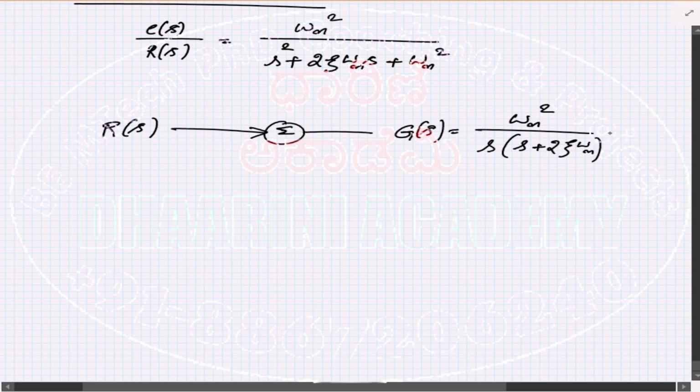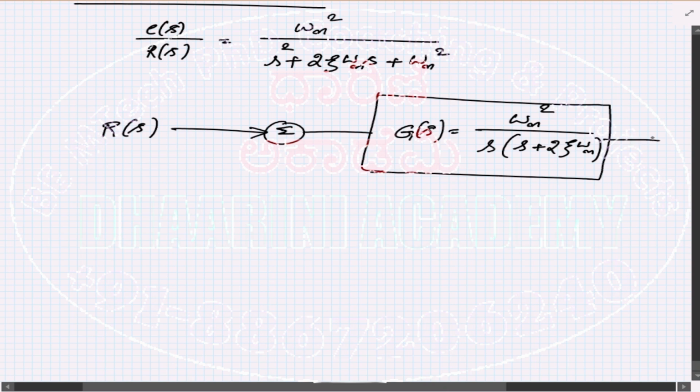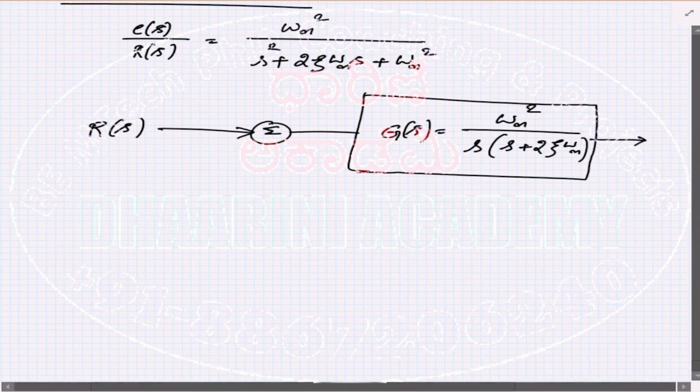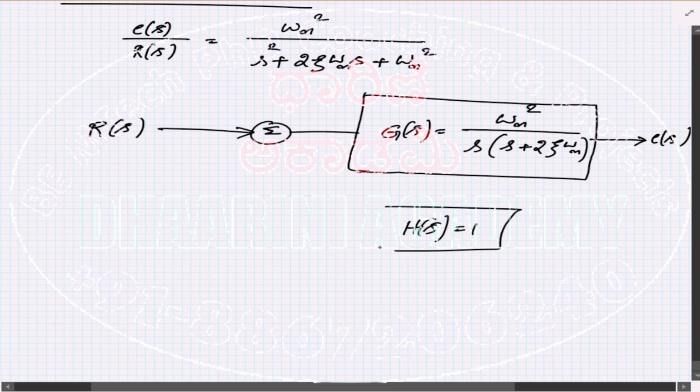This is the forward path. This provides the output denoted by C of s. And there is a feedback, that is H of s, which is 1. So this is unity feedback.